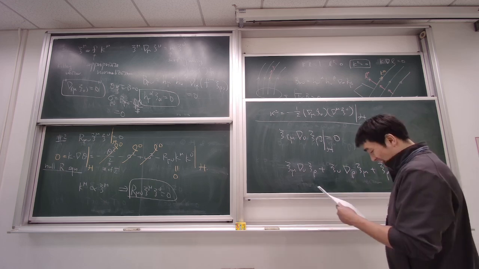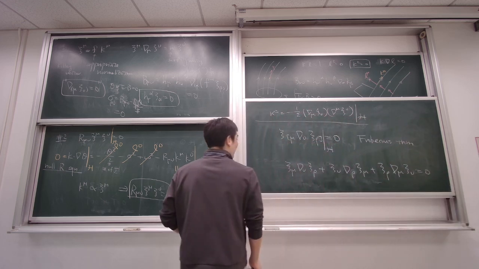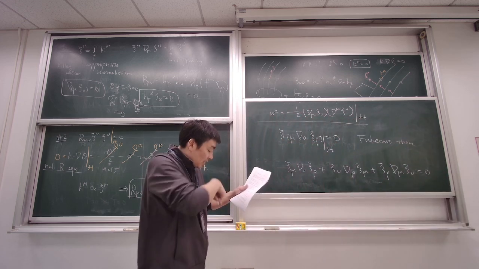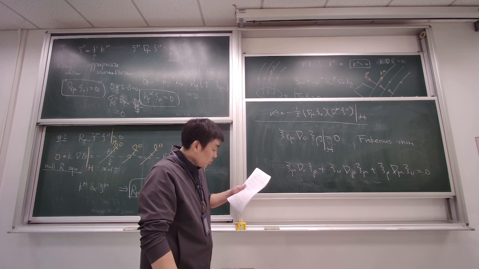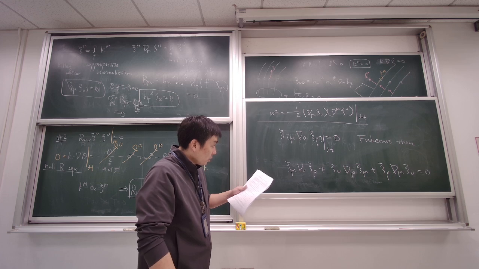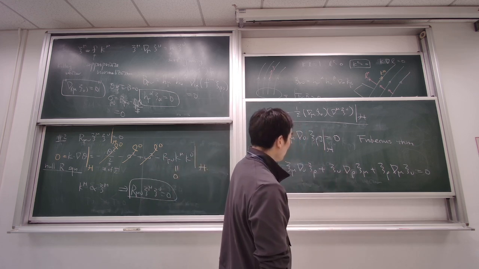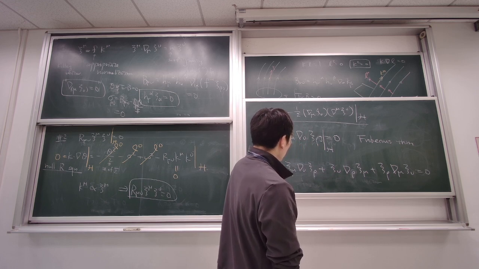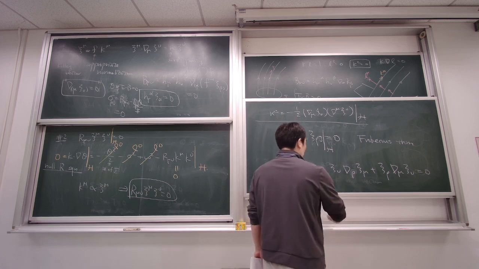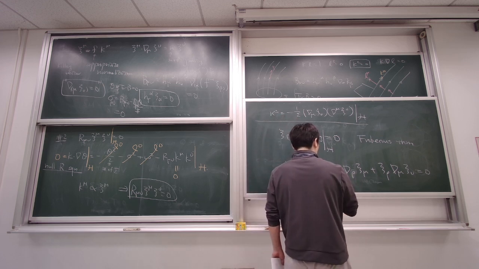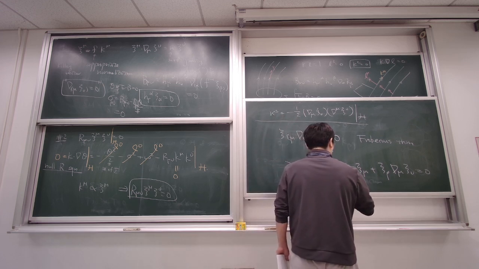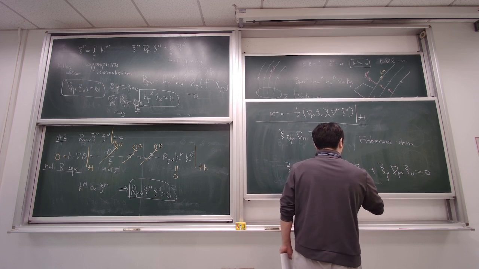Okay, I hope I'm not going to make a mistake. We just need to use the property of the Killing equation to show that this is equal to minus nabla nu c mu, c rho.